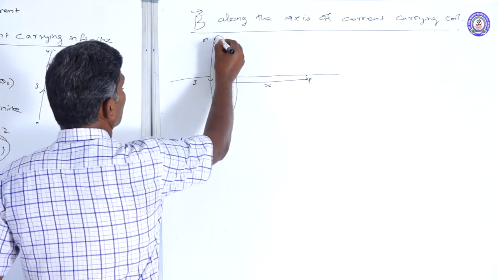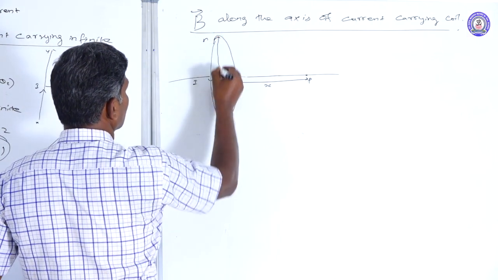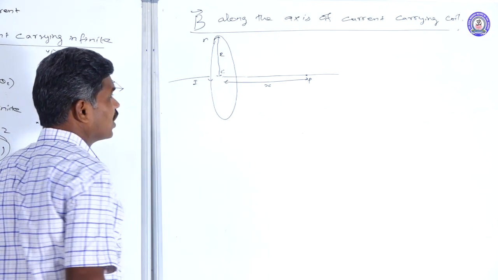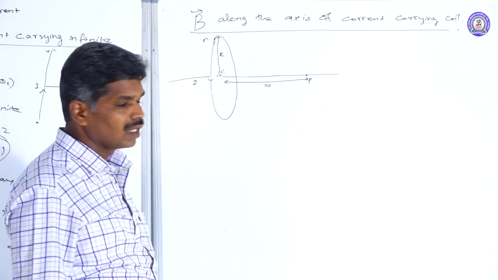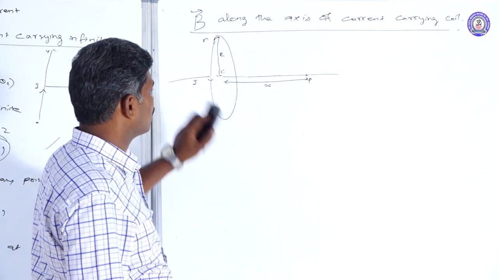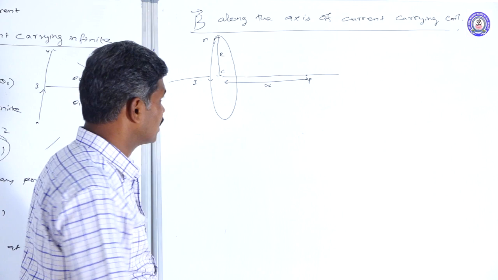The coil radius can be taken as r. Based on the Biot-Savart law, we can find the magnetic induction at that point due to the current carrying circular coil along its axis.